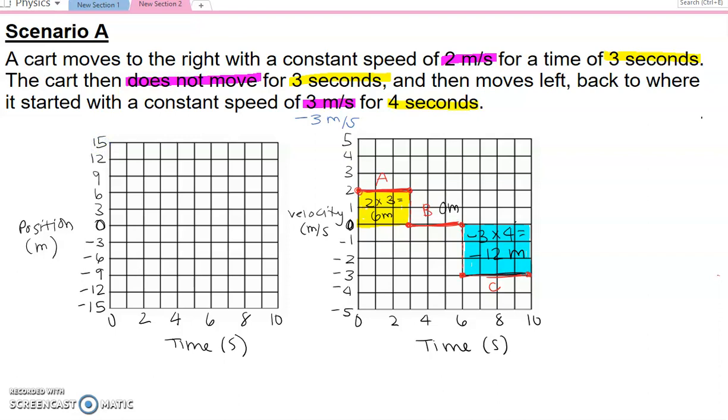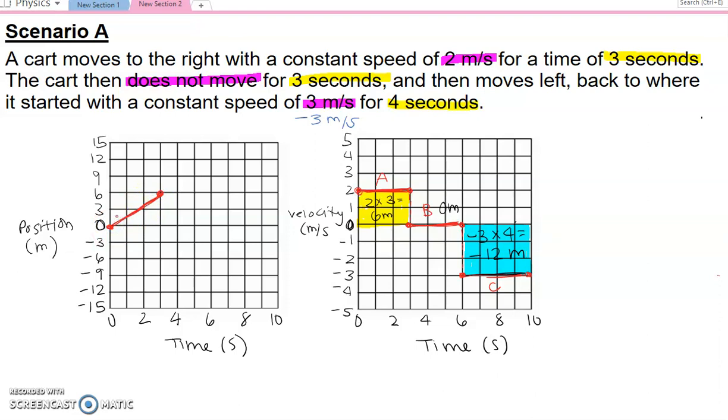Okay. Now using my red, I can start to graph. So I start at 0, 0. And in the first 3 seconds, I travel 6 meters. So I'll find 3 and I'll go up to 6. I've got my diagonal line.